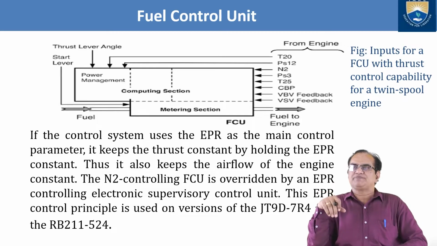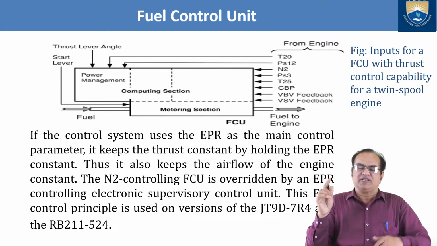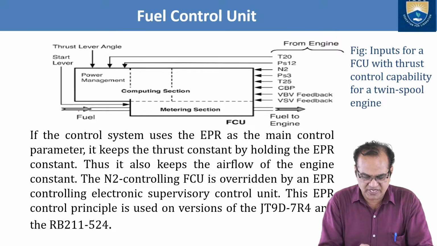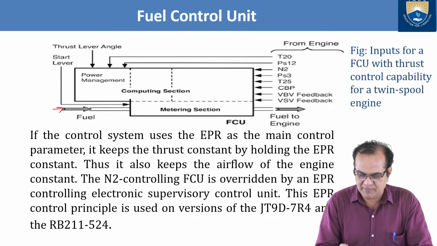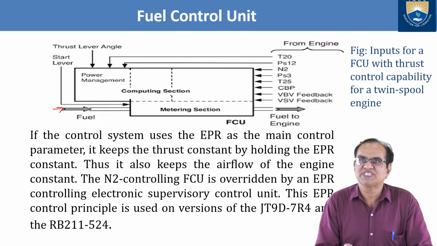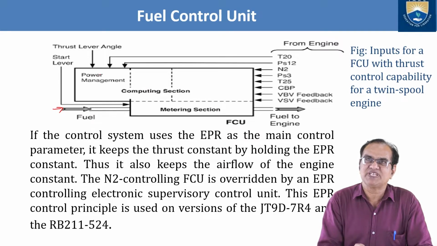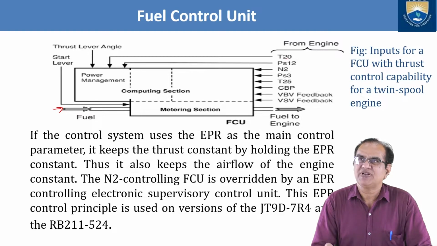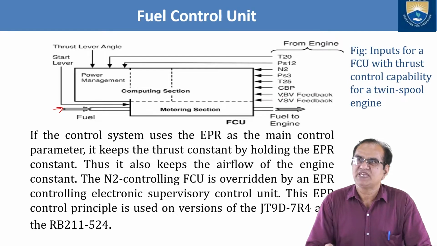Here we have the system in which the start lever is here. The fuel is coming from here. The metering section is there, the computing section is there, the power management system is there. Then here we have N2 sensors from the engine: T20, PS12, N2, PS3, T25, CBP, VBV feedback, VSV feedback, and fuel to the engine.